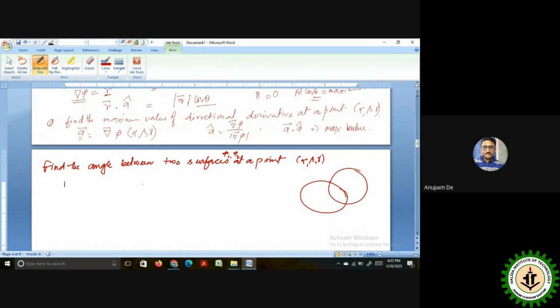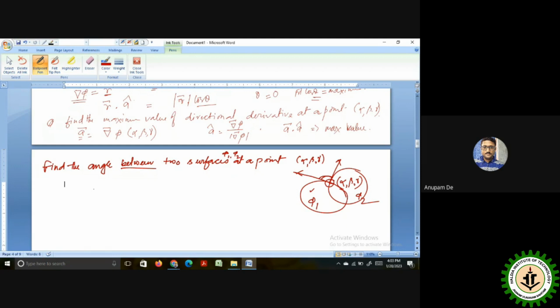If the question is to find the angle between the surfaces of intersection, what we need to do is first find the grad phi, and at this point the grad phi for this particular surface will be like this, the direction, and for this surface will be like this. Whatever the angle will be there, that will be the required answer. Say this particular point is alpha beta gamma, this is the surface phi 1, this is the surface phi 2.